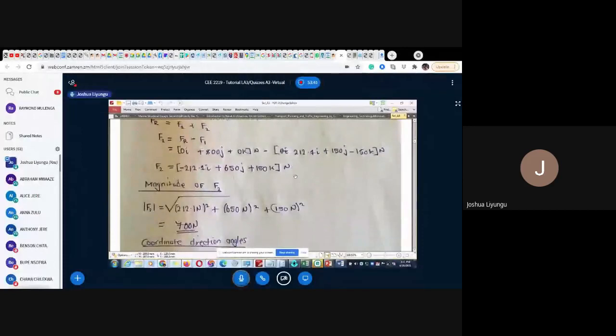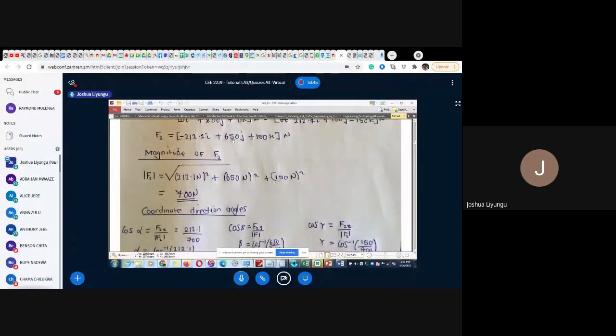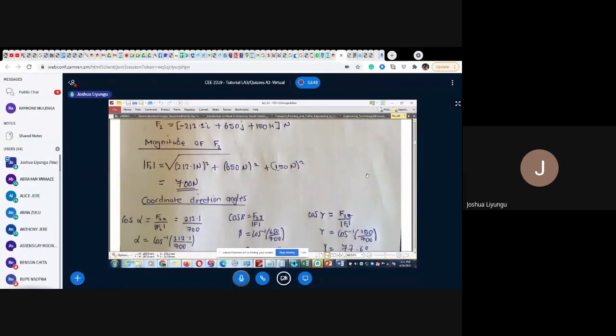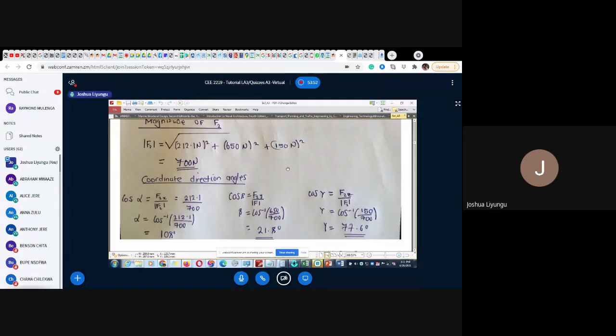Now, all of us know how to get the magnitude. The magnitude is the square root of the sum of the squares of these components, the 212, the 650, and the 150, which will be 700 Newton. How do I get the coordinate direction angles?